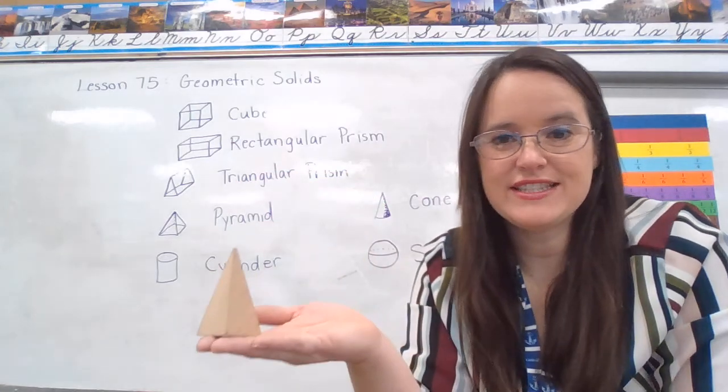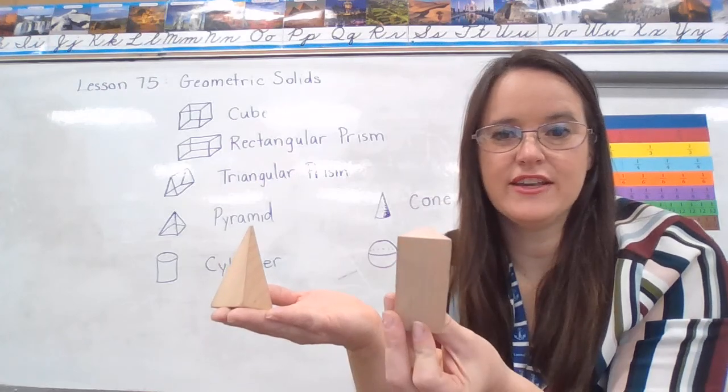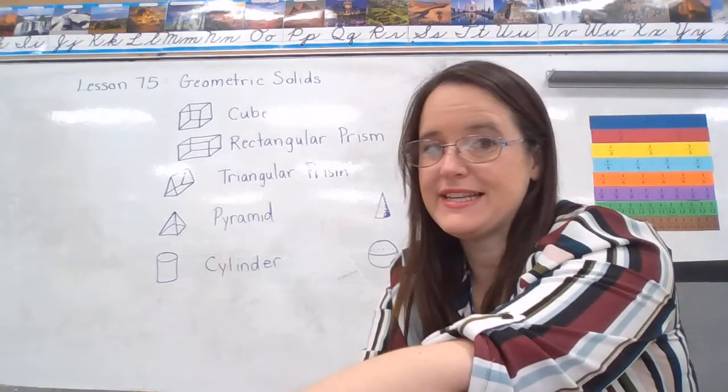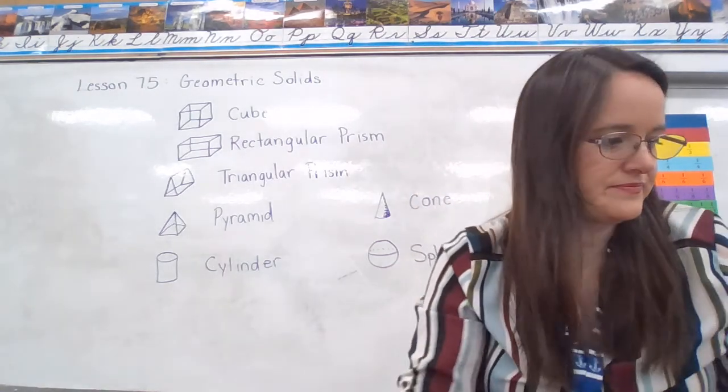So we call this a pyramid, and we call this a triangular prism. Okay? They're both made out of triangles, but they definitely have some differences, and they're not the same thing.